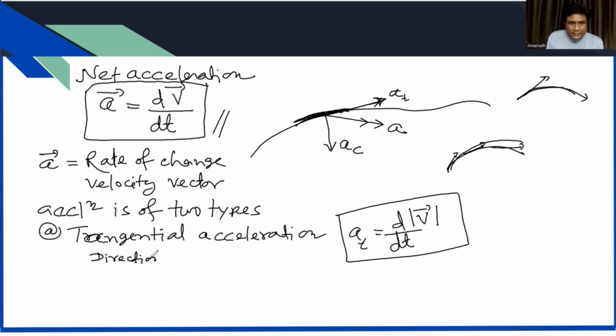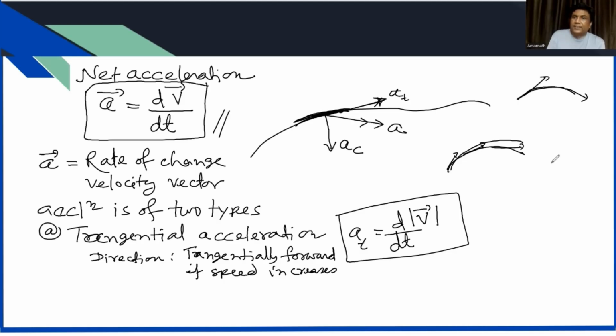The direction is tangentially forward if speed increases. Say the speed along this path is v equal to 2t. So v equal to 2t means speed is increasing, so tangential acceleration will be tangentially forward.